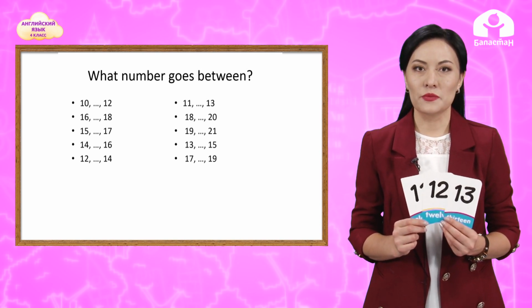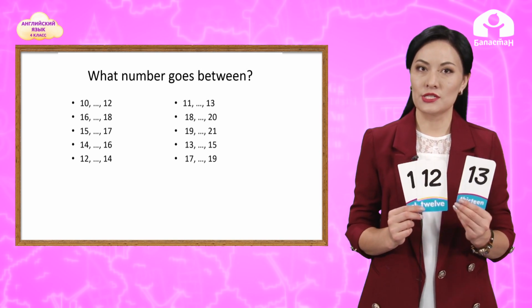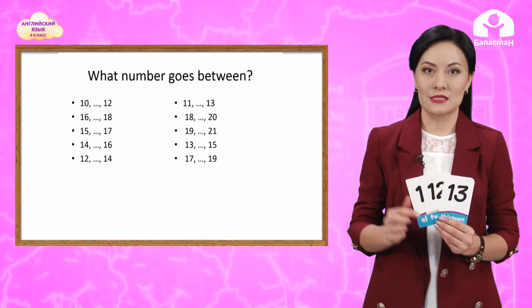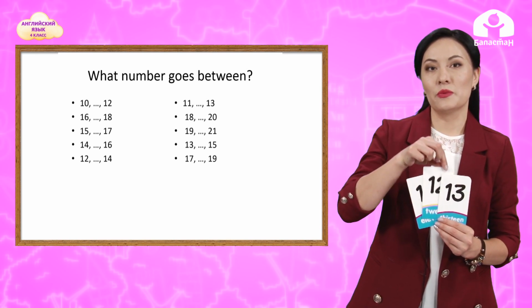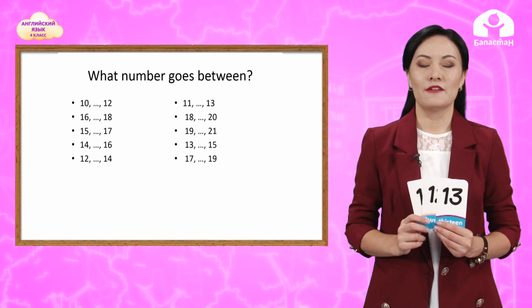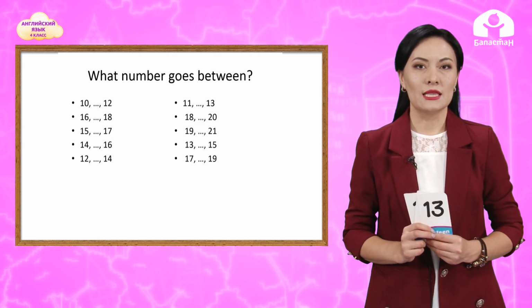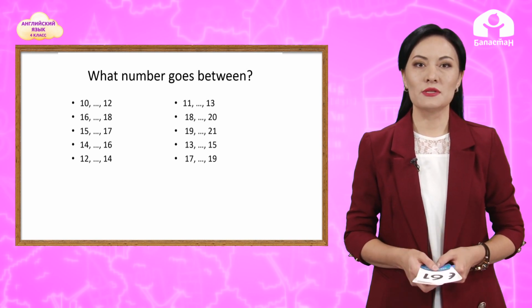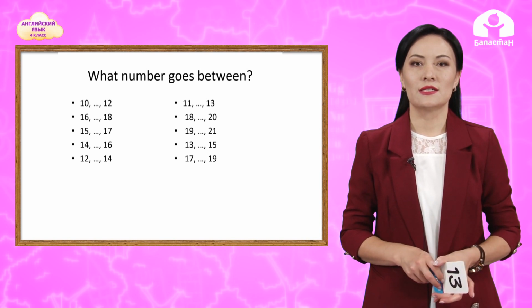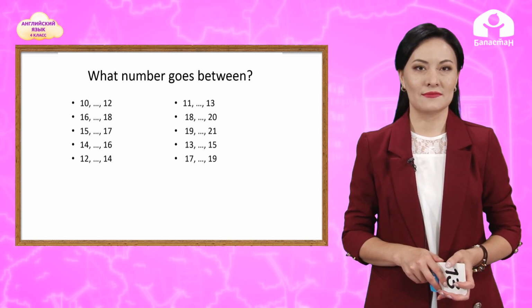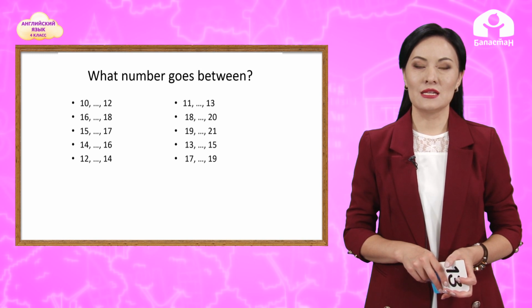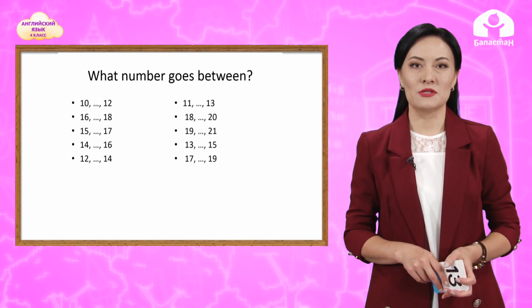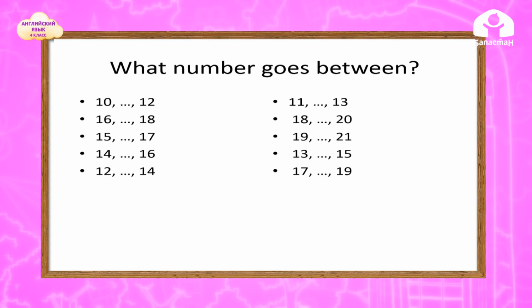So, what is between 11 and 13? Right, 12 is between, okay? Find 10 and 12. What is between? Right, it is 11. 16 and 18. What is between? Yes, it's 17. Good job. Now write the numbers.